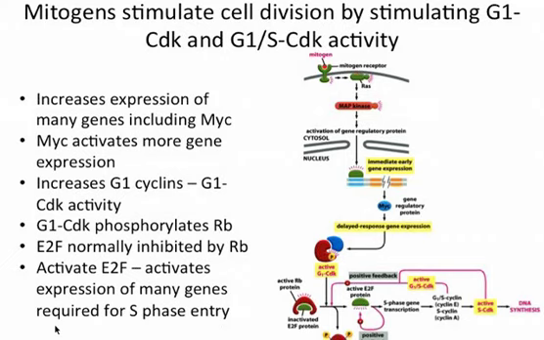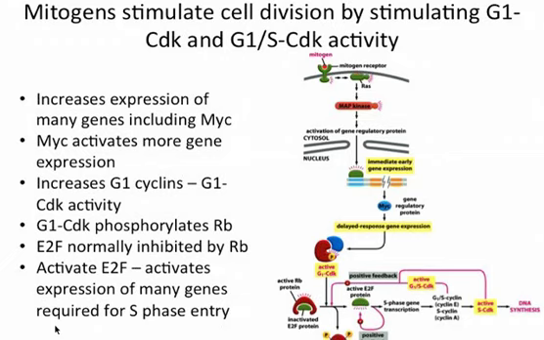What's their job? They phosphorylate things, so you have to say what it's phosphorylating. It's going to phosphorylate RB. So right now, RB is an inhibitor, and RB binds to E2F, which is another transcription factor involved in activating gene expression of genes required for entry into S phase.